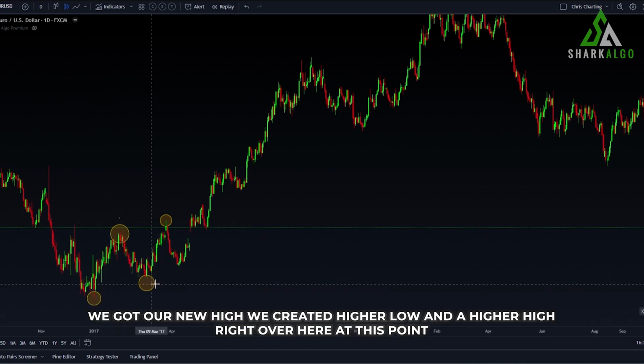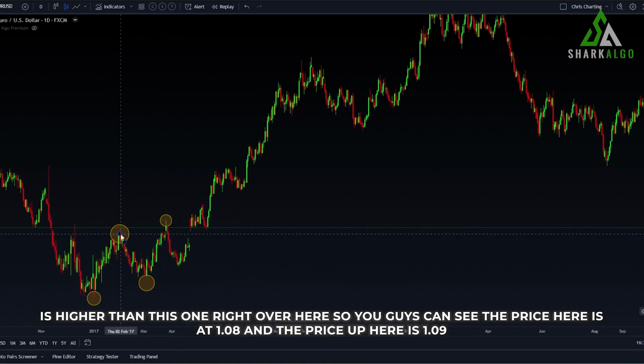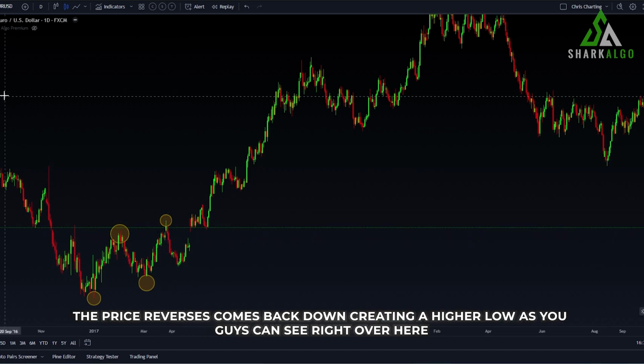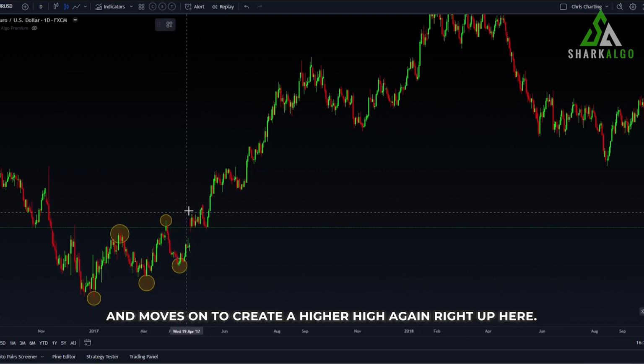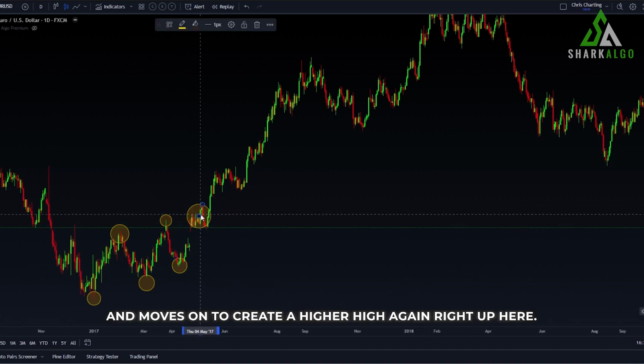We created a higher low and a higher high right over here, as this point is higher than this one right over here. So you guys could see the price here is at 1.08 and the price up here is 1.09. The price reverses, comes back down, creating a higher low, as you guys could see right over here, and moves on to create a higher high again right up here.